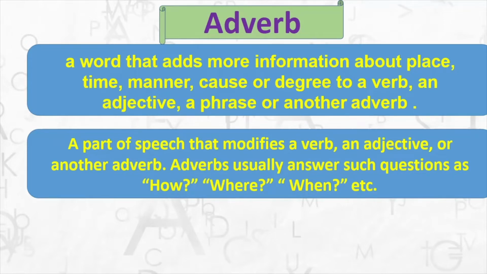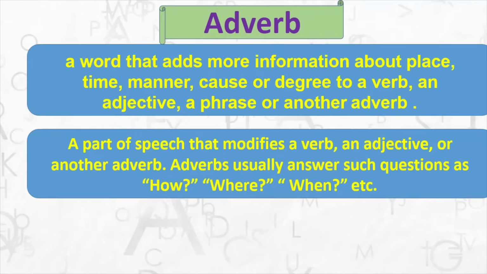Now, adverbs usually answer questions like how, where, when, etc. When you say how, it means manner, the way in which you do something. When you say where, it means a particular place or a location. When I say when, it means a time. So an adverb usually tells us more about how, where, and when.